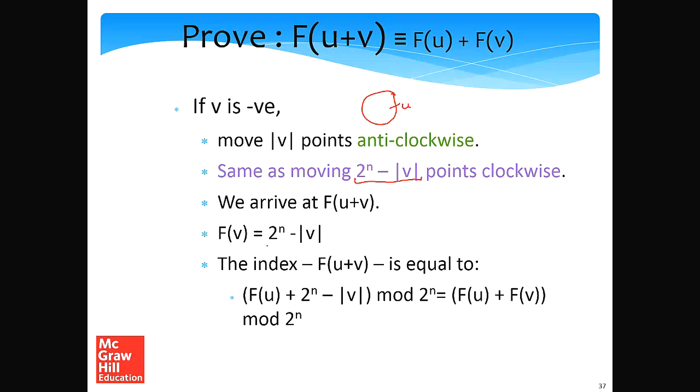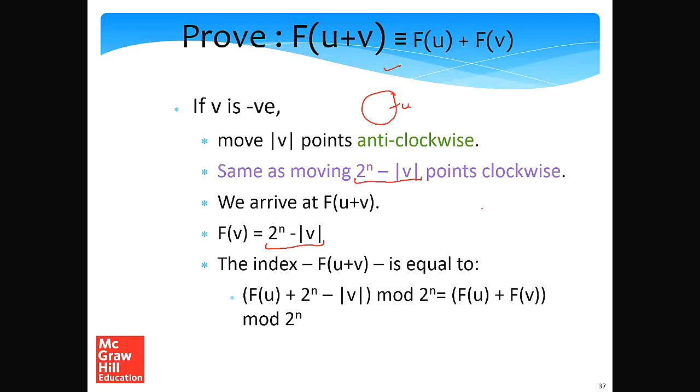Since fv is equal to 2 to the power n minus mod v, the index fu plus v will be equal to fu plus 2 to the power n minus mod v, mod 2 to the power n of course, which is equivalent to fu plus fv mod 2 to the power n. So what we see is that this relationship holds for both positive v as well as negative v.